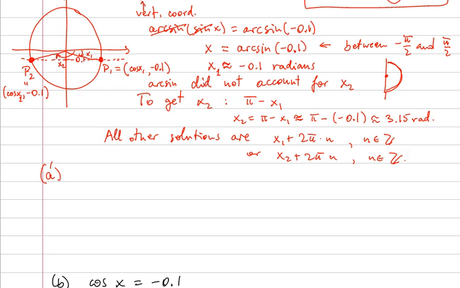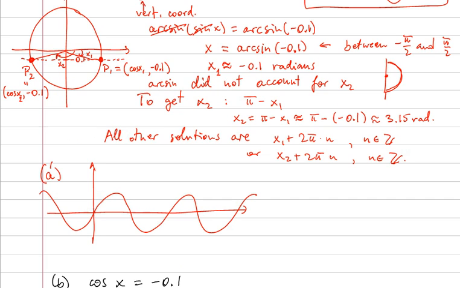So for part a, what I do is I draw the graph of sine x. This is the graph of sine x. And I draw the point negative 0.1. So negative 0.1 is here. And then I draw the horizontal line at that height.